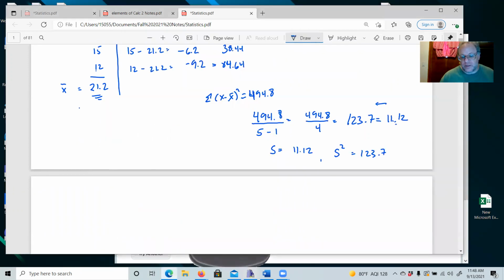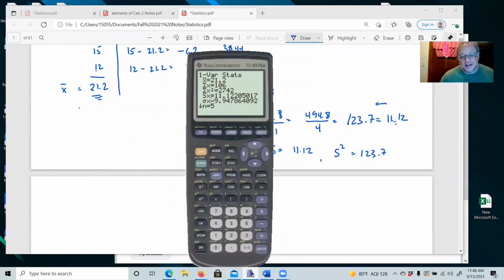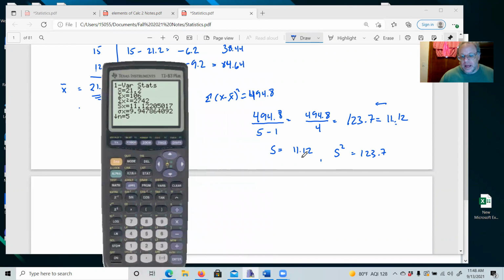Hey, we got 21.2 for our average. Of course we did. Our standard deviation, we got 11.12. Hey, look at that. Now, this doesn't tell you the variance. So you're going to have to take this 11.12 and square it so we can get back to what we started with. Okay.